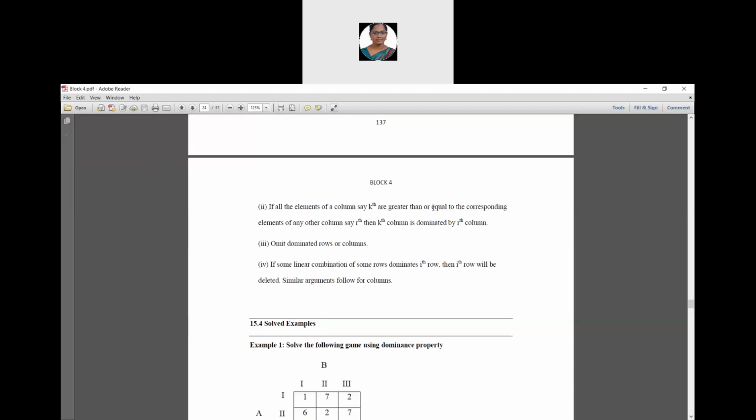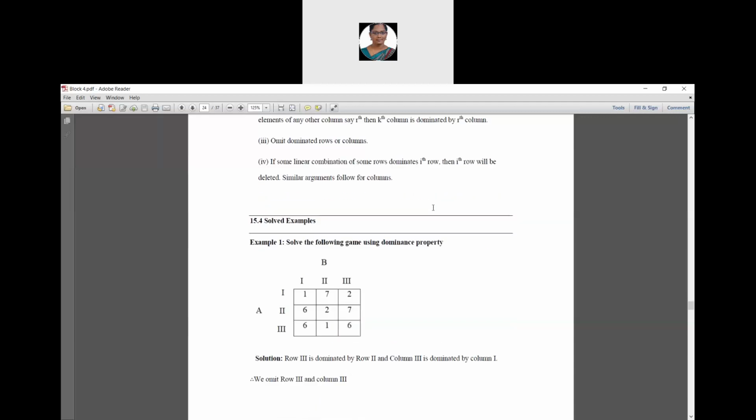Therefore, we have to omit dominated rows or columns. If some linear combination of some rows dominates the ith row, then the ith row will be deleted. Similar arguments follow for columns.